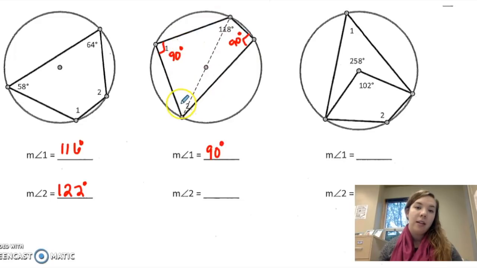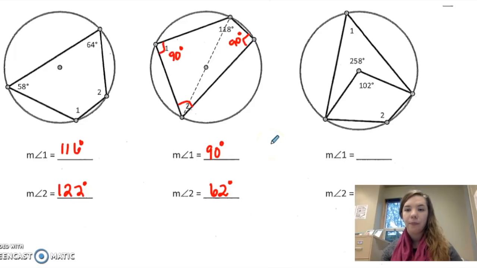I can find my last angle, angle 2, by taking 180 minus 118. Angle 2 could have been just this little piece, which is misleading, but we'll say it's the whole thing. So 180 minus 118 is 62 degrees.